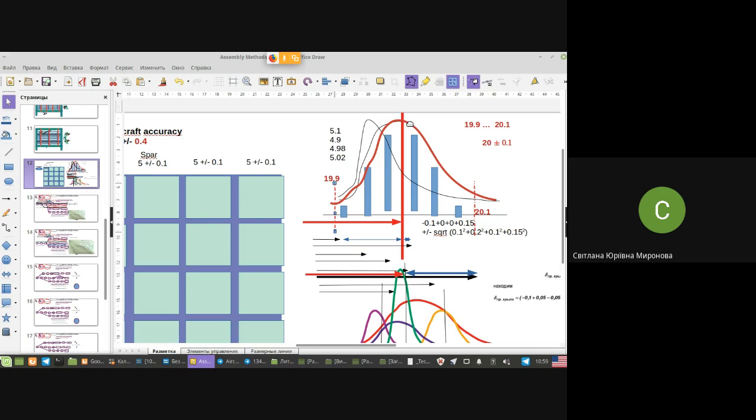And everything that is under the curve, this plus minus 3 sigma, so called, is almost 100%. It's 99.99 or 98%, something like this. So practically it covers all the possible probability, all the possible cases of size appearing.